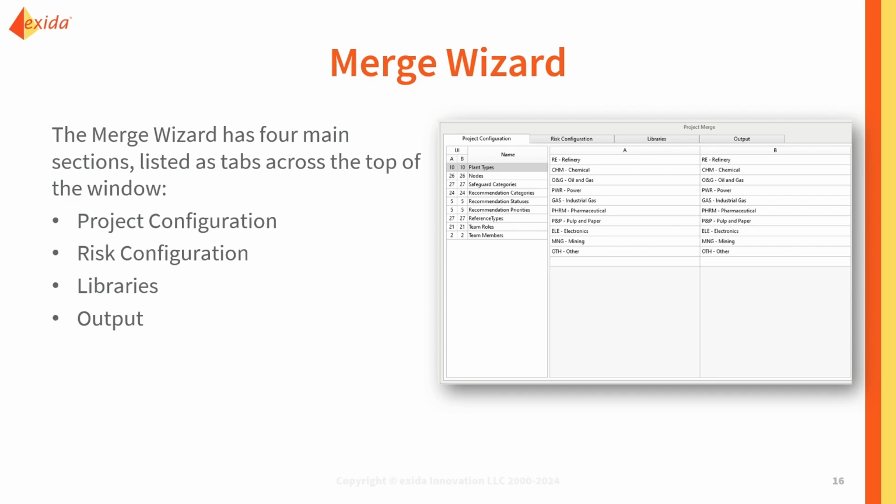We have a tab for project configuration, risk configuration, the library, and your output, which allows you to define your project info for your file C. But we'll start with project configuration. And what you'll see here is a number of categories where we're going to look at the items in file A and file B and determine how to match them up so that they're a single item in file C.